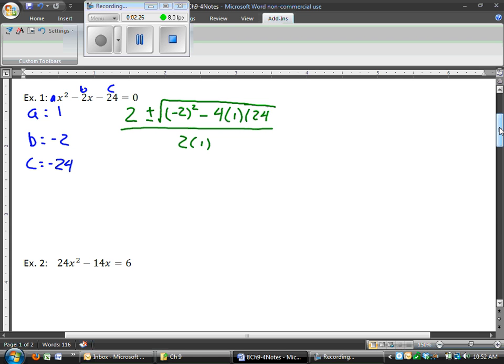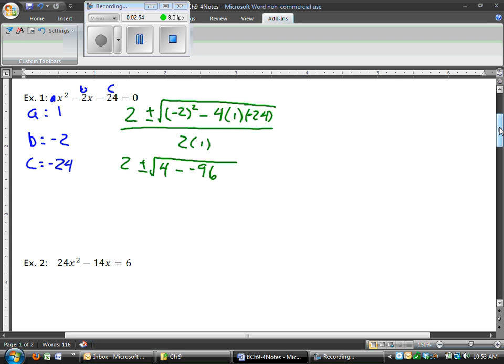Okay? So now we just get down to simplifying this. 2 plus or minus the square root. I know that -2 squared is 4, minus 4 times 1 times 24. Oh, I'm sorry, that's supposed to be -24. 4 times -24 is -96. So minus -96.